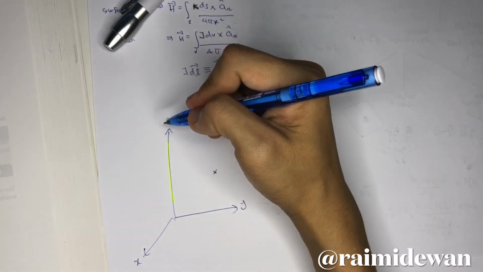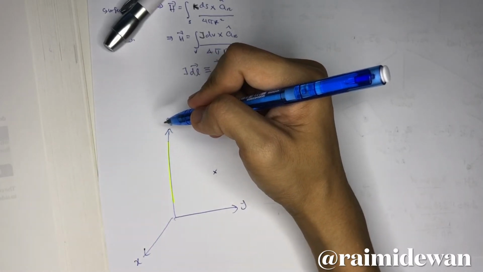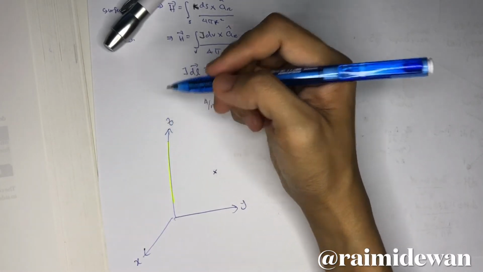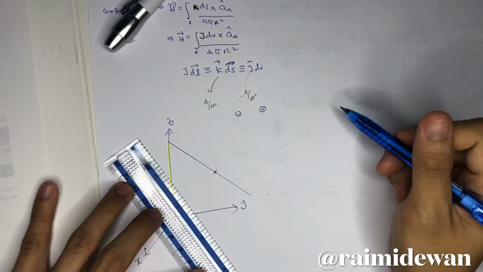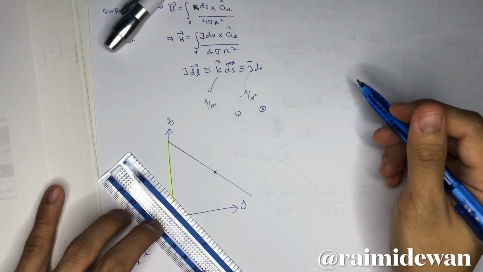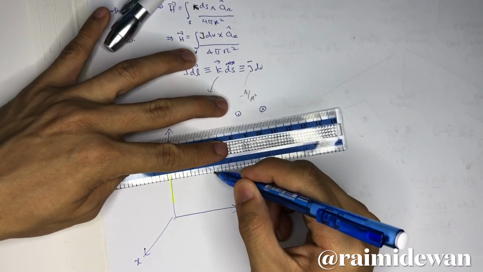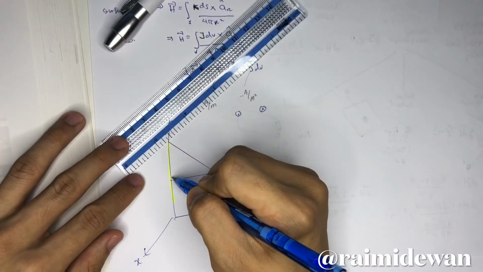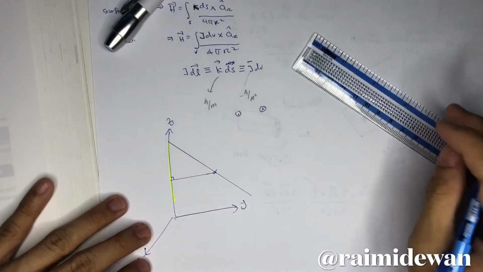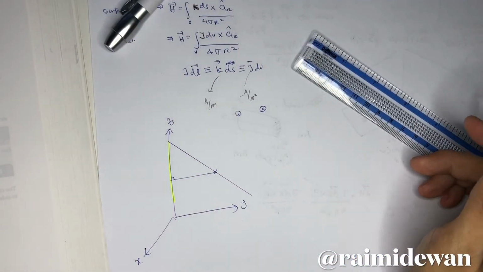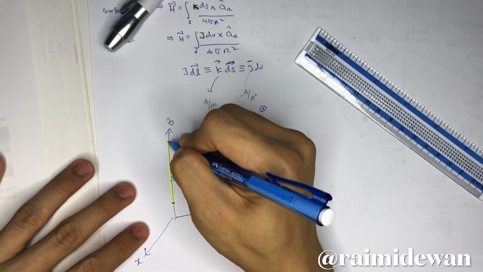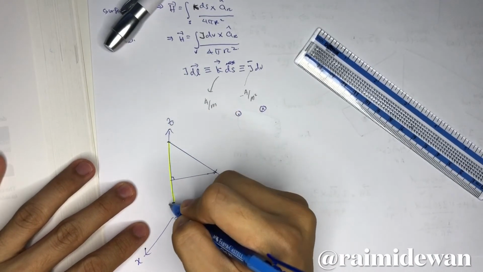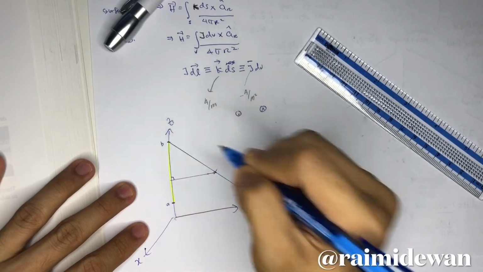Then you create a vector, a distance, at 90 degrees with respect to the axis. So far so good. And you have the length, which can be from point A to point B.